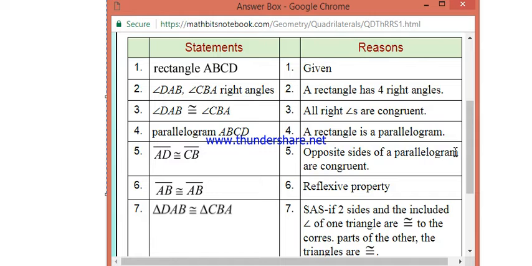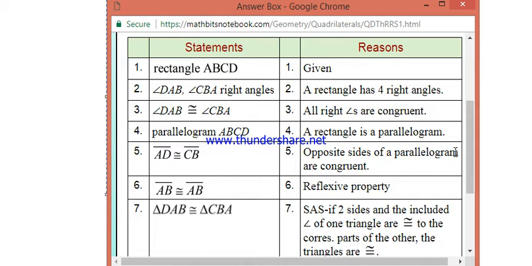Because all right angles are equal to 90 degrees, that means 90 degrees is equal to 90 degrees, and it is the reflexive property. For number 4, parallelogram ABCD, and its reason is a rectangle is a parallelogram.